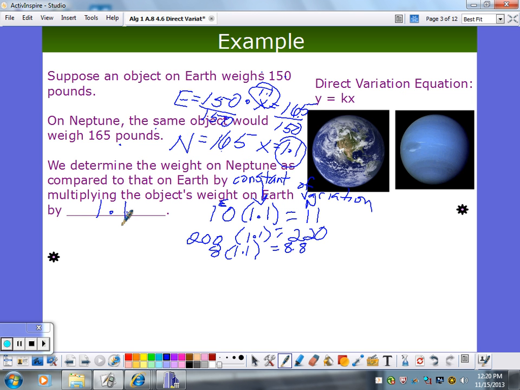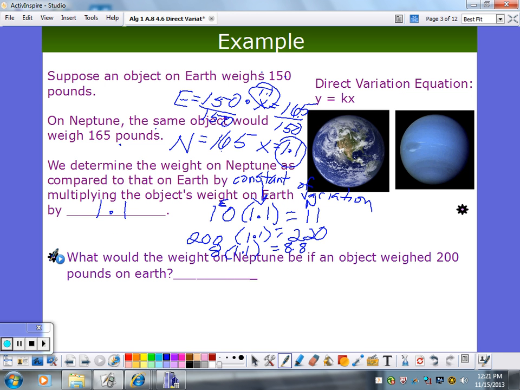They have a direct variation, because this is the ratio the definition was talking about. You multiply by the same number every time to turn an x into its matching y. If an object weighs 200 pounds, it's 240 pounds on Neptune. That same number is applied to an x to get a y.